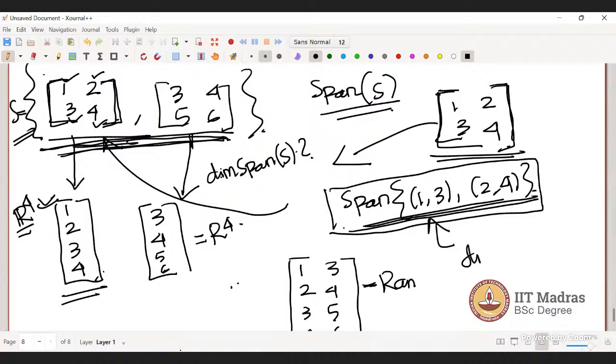But you cannot use the same trick here, when the set consists of two matrices, 1 2 3 4 and 3 4 5 6, and you want to compute the span of S. You cannot simply pick a matrix, because its rank won't give you the dimension of the span of S. If you want to do it, you have to do it in this way. That is my point.